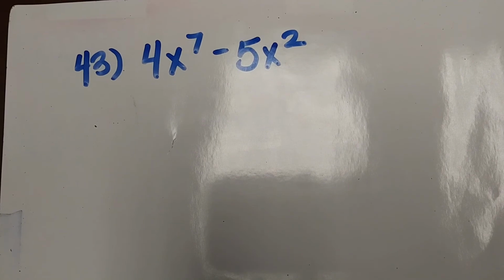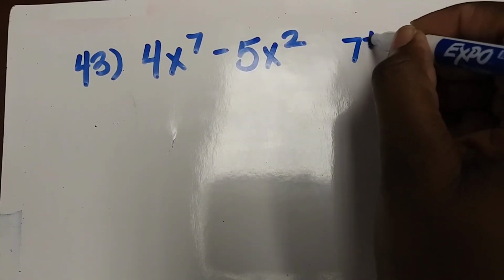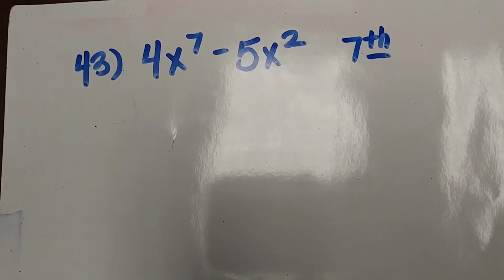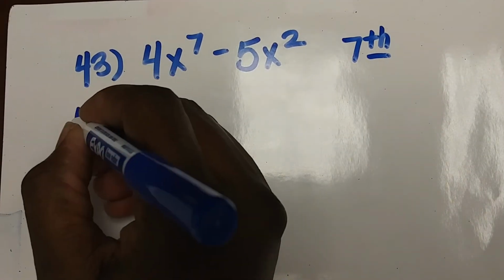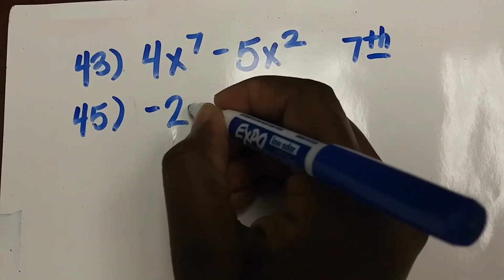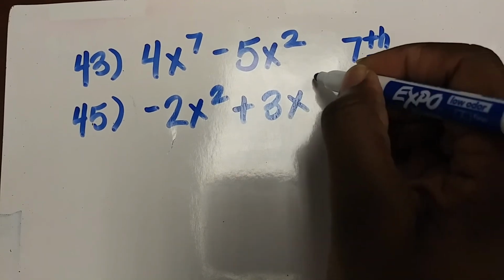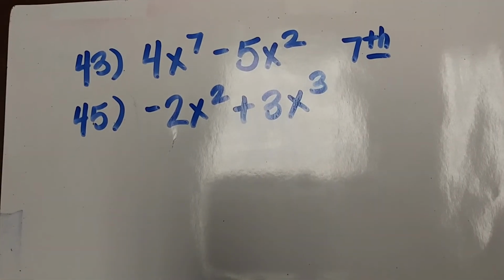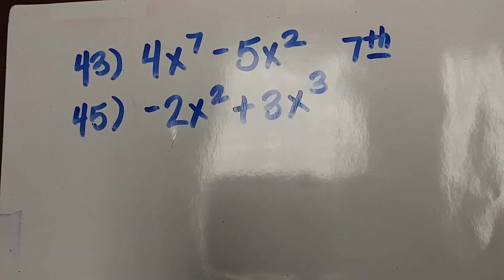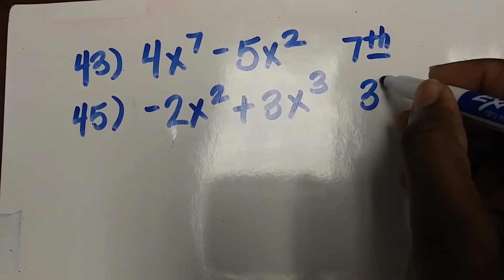My degree here is the largest exponent, so my answer here is the 7th. Number 45, negative 2x squared plus 3x to the 3rd. What is the highest exponent? The highest exponent is 3. So my degree is 3rd.